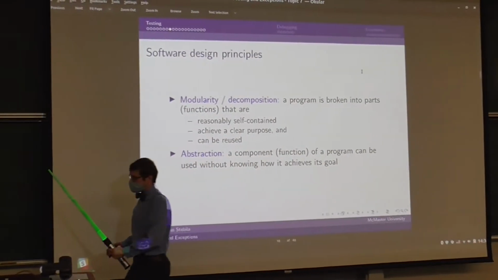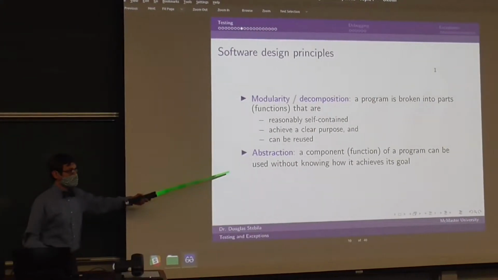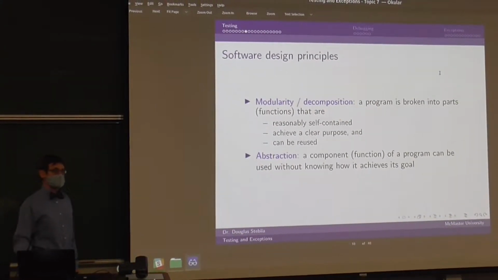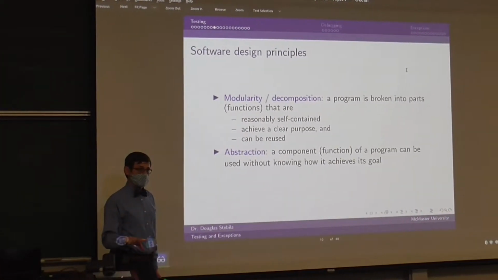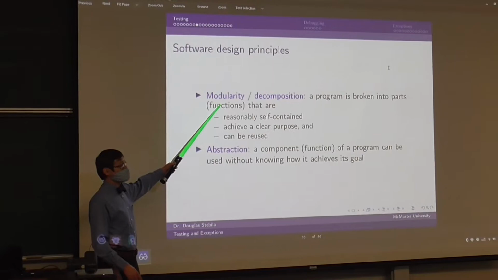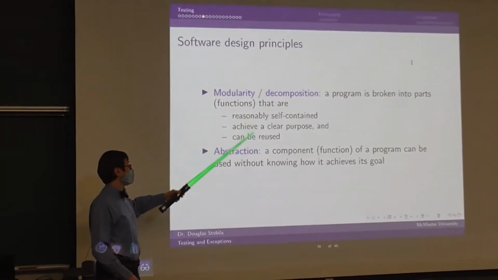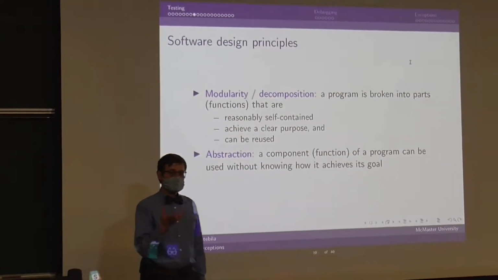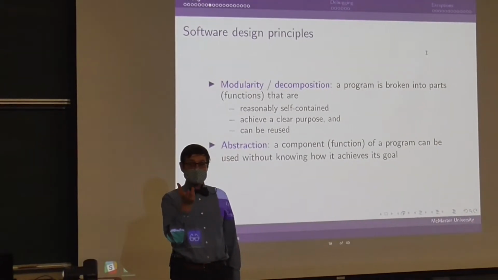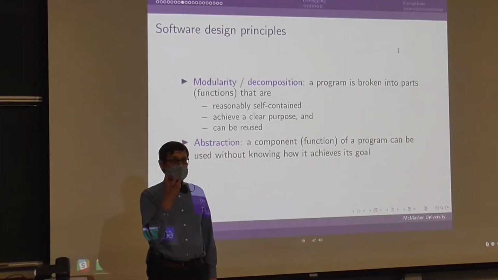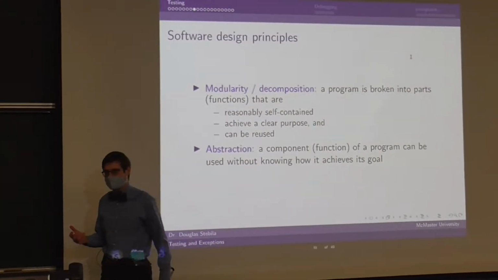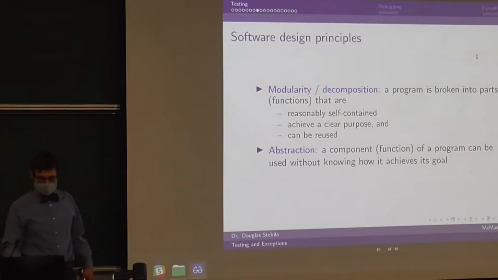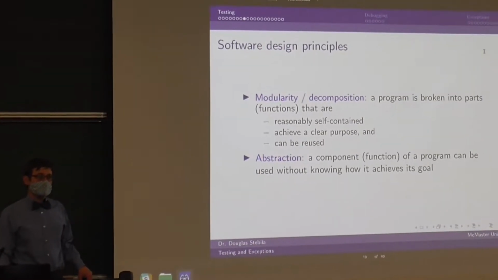Black box techniques feed into these design principles quite heavily, since a black box perspective on software is a modularized view of software, and it views the piece of software as an abstract entity, right? It views it as a non-interpreted entity, right? Okay. Any questions so far?